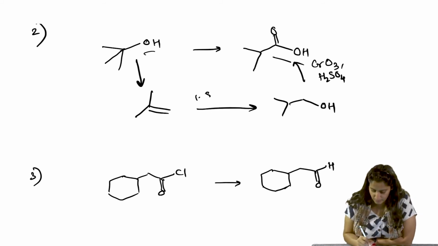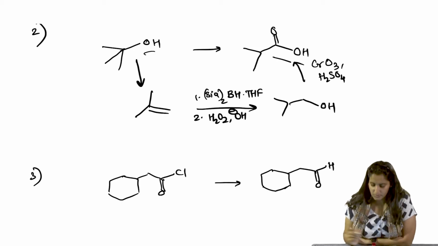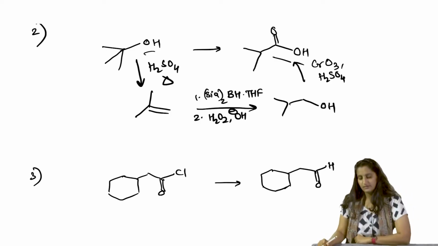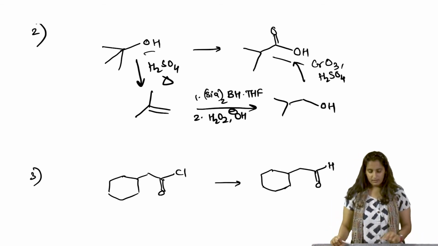So, in the first step we will do hydroboration and then oxidation to form the corresponding alcohol. To get from this tertiary alcohol to this alkene, we can simply put it in H2SO4 and heat. Okay. Let us go ahead for the next question.